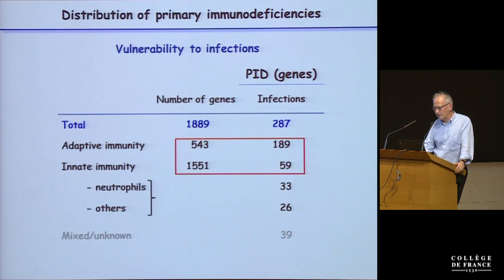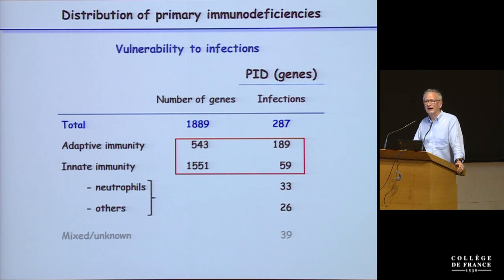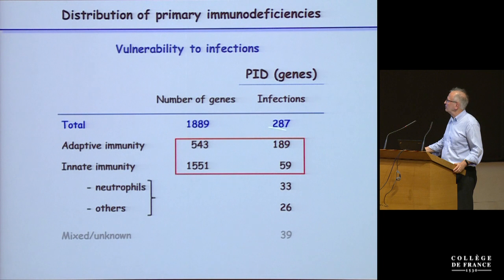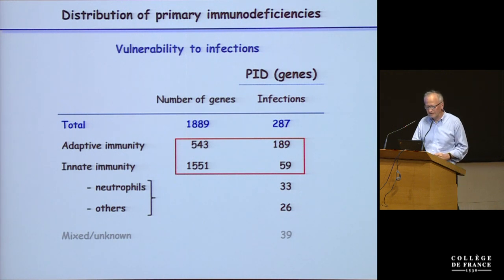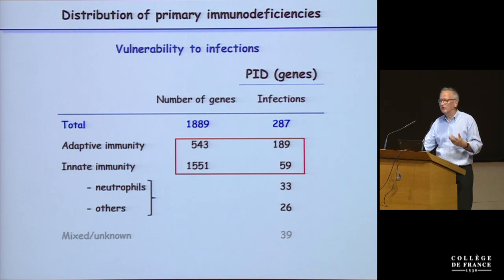And the answer to that question here, considering only vulnerability to infections, so not all of the diseases are considered, but most of them, you can see that among the 543 genes that are associated with adaptive immunity, 189, about 30% or so, a bit more as you will see, have been found mutated in association with susceptibility to infections, so quite a number of them.